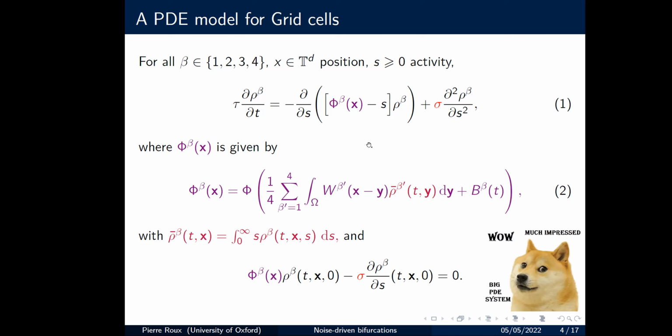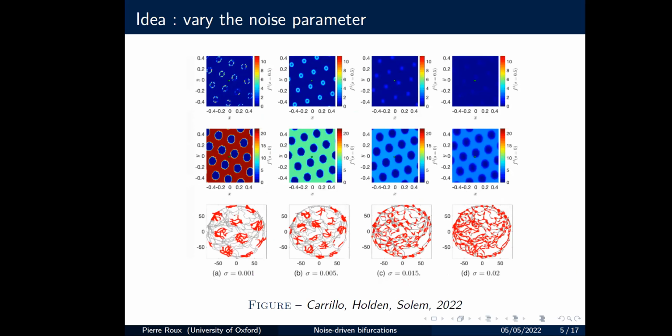So what we will do to perform mathematical analysis is to simplify it to only one direction. And you can check on our paper on the arXiv that, in fact, you can generalize the mathematical analysis for one direction to four directions without a lot more computations. So the strategy to try to identify this specific hexagonal firing pattern is to vary the noise parameter.